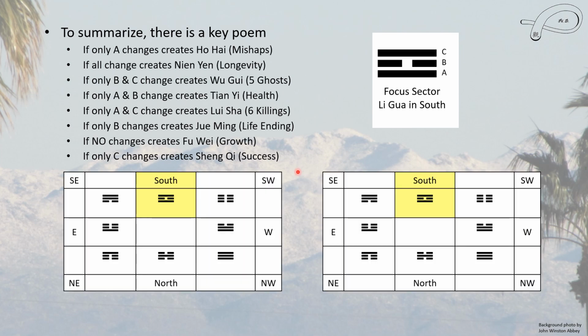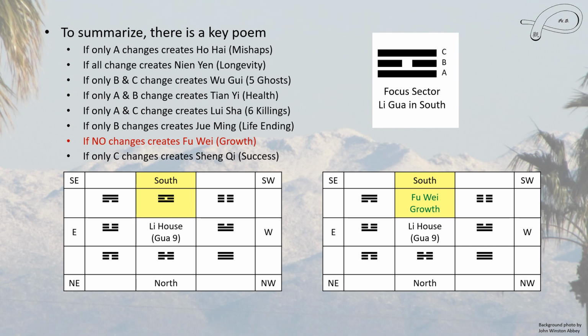So this is the standard chart, and we keep this for reference. And now we want to fill in this chart with the 8 mansions. If we're looking from here to here, obviously it's the same one, so this is no changes. That is how you always end up with your focus sector being growth.